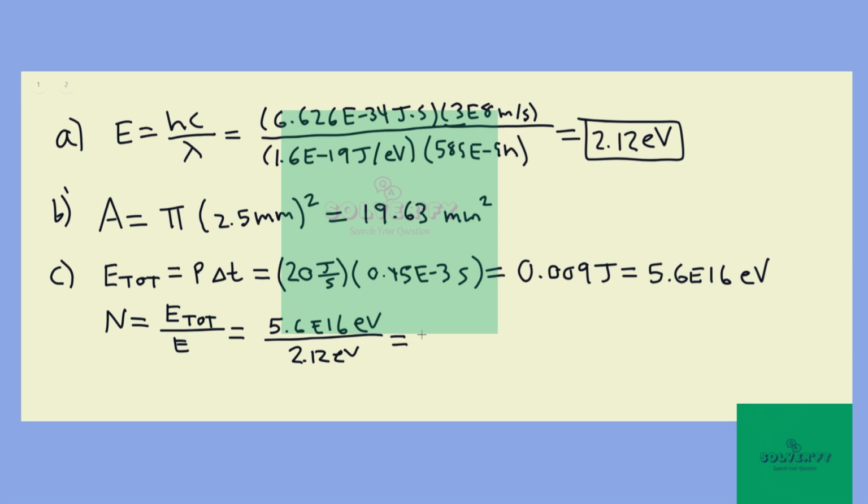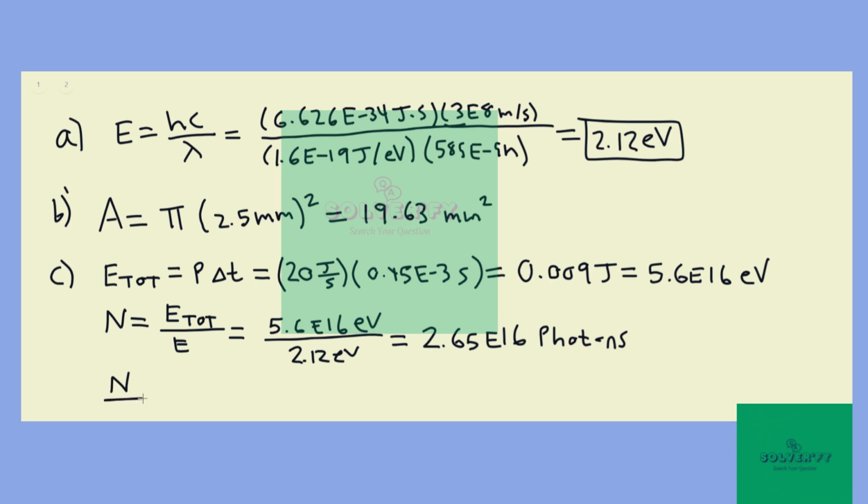We're going to be left with a lot of photons: 2.65 times 10 to the 16 photons. So that's a lot. So to get the photons per area, we can simply take this number. Actually, it's N over area.